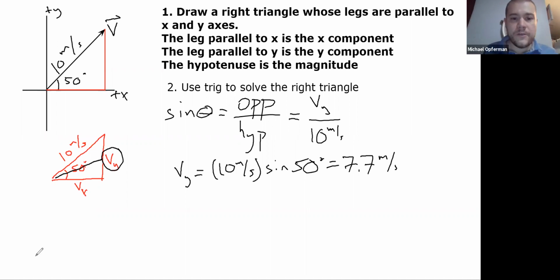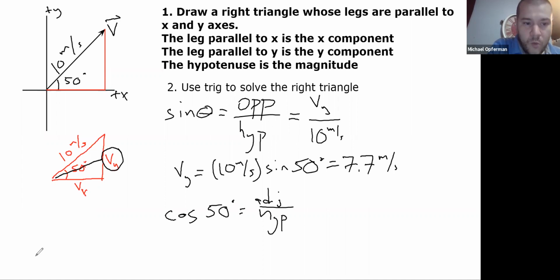And then likewise, I can do the same thing for the cosine for the x direction. So cosine of 50 is adjacent over hypotenuse. The one that's adjacent to the 50-degree angle is Vx.